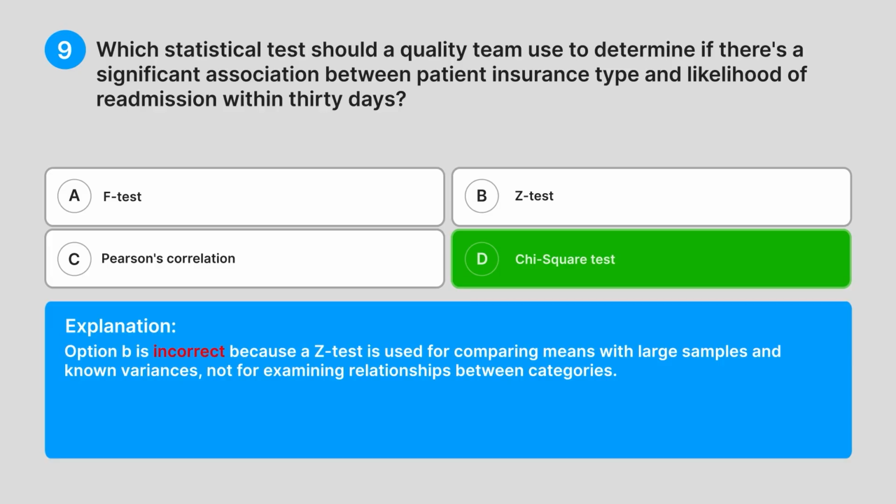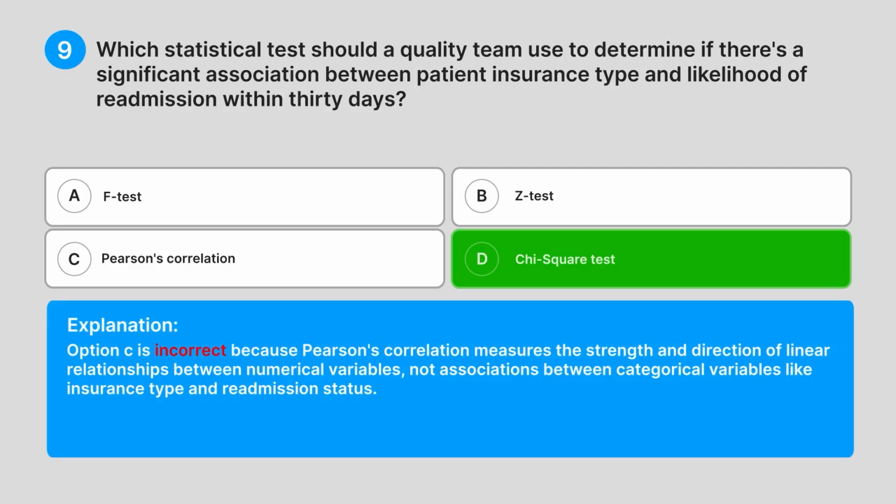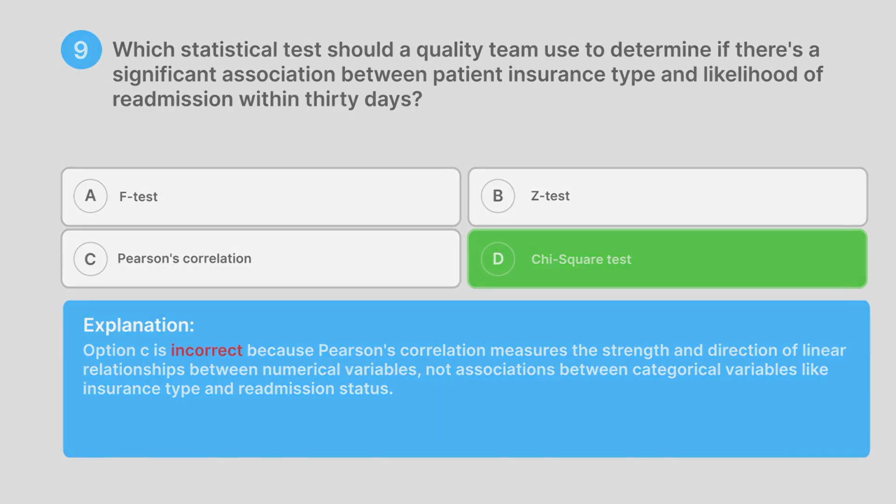Option B is incorrect because a Z-test is used for comparing means with large samples and known variances, not for examining relationships between categories. Option C is incorrect because Pearson's correlation measures the strength and direction of linear relationships between numerical variables, not associations between categorical variables like insurance type and readmission status.